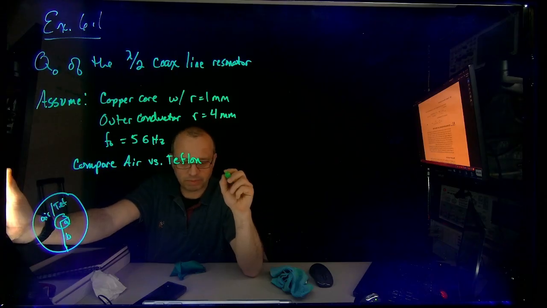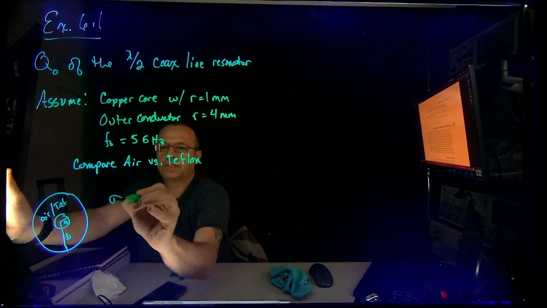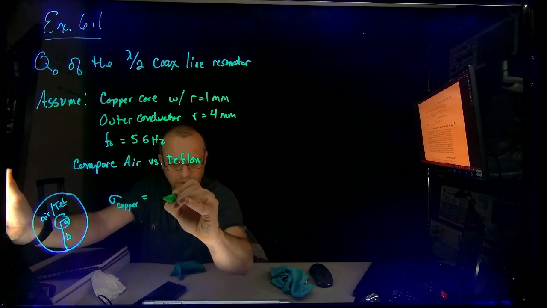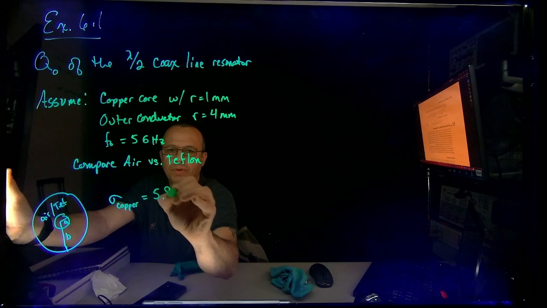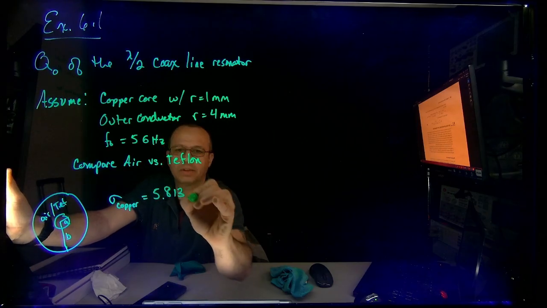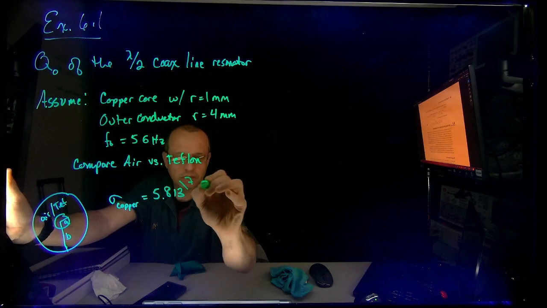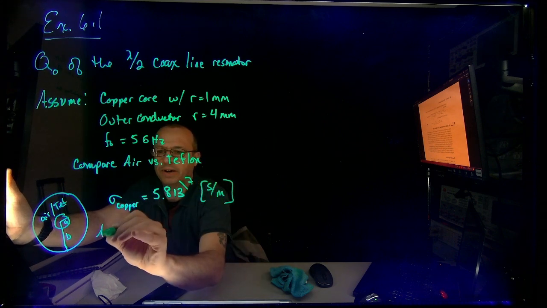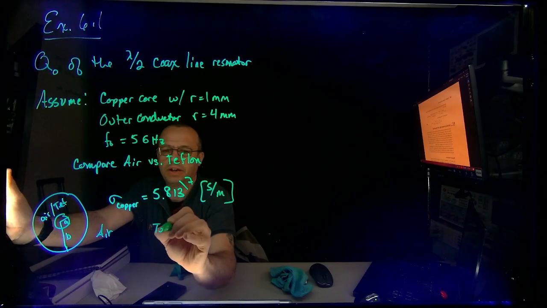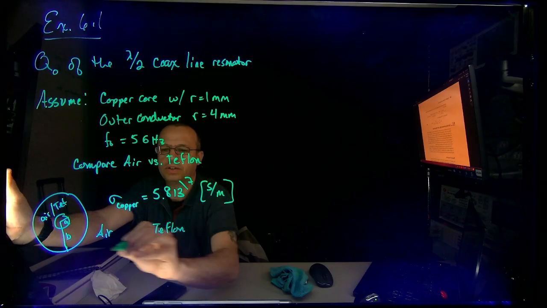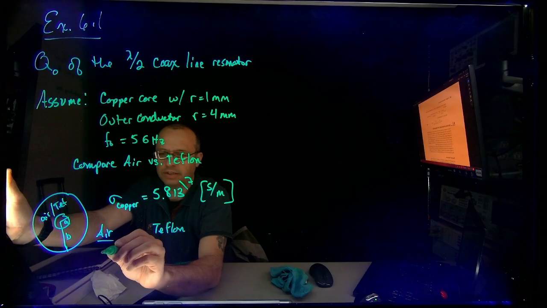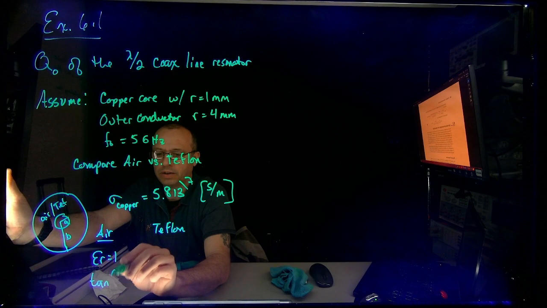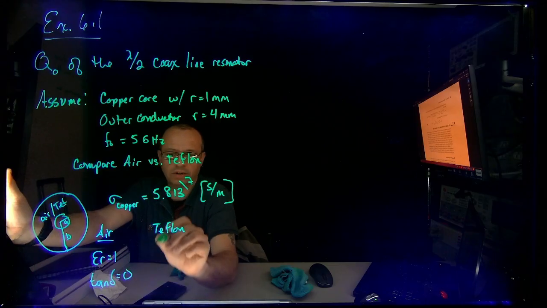Some important numbers that we're going to need. We need sigma for copper, found in Appendix F, and this is 5.813 times 10 to the 7 Siemens per meter. For air, epsilon r equals 1 and tangent delta is 0.